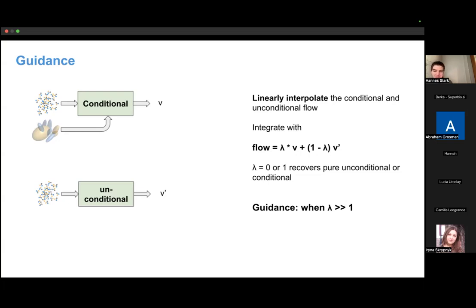And the way that this is done is we just add up the vector fields for the continuous quantities, multiplied with the right lambda weighting, for the translations and rotations. And for the discrete transitions, we construct a new probability distribution to sample the new discrete tokens, or the new discrete residue types, from.